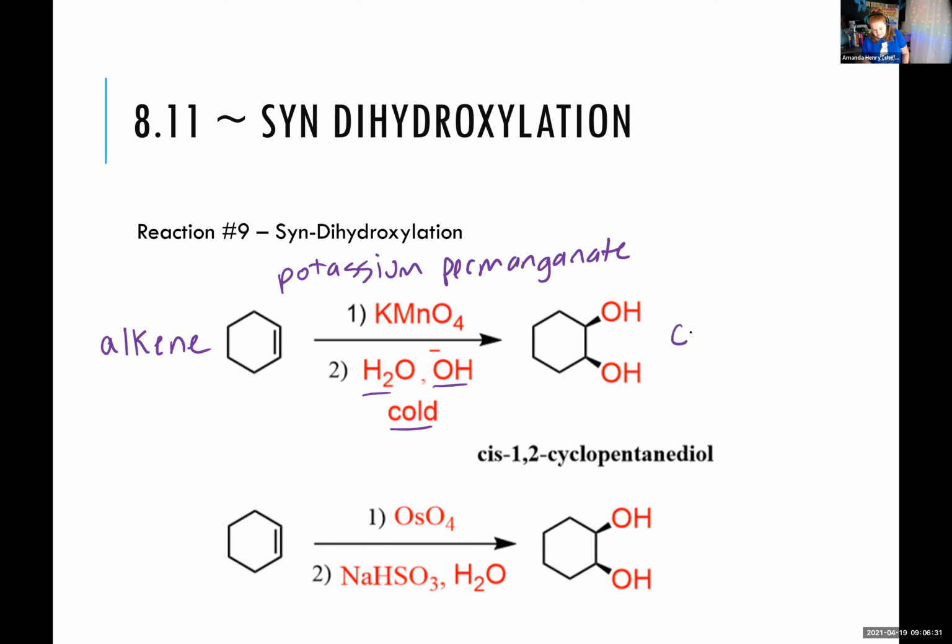And we make a cis diol. So we would also make the enantiomer of this where they both have dashes. But in this case, because there aren't any other substituents on the ring, because we have that plane of symmetry, having them both with dashes or both with wedges would actually be the exact same structure.